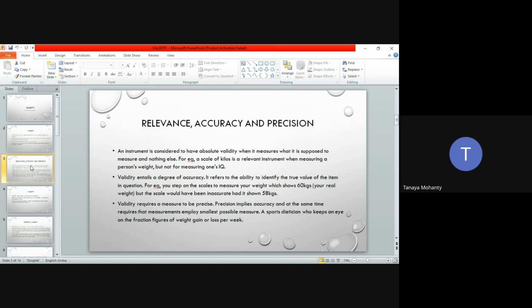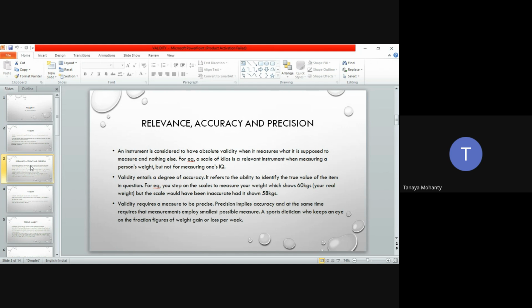So as I told you, there are three important defining characteristics for the concept of validity. An instrument is considered to have absolute validity when it measures what it is supposed to measure and nothing else.